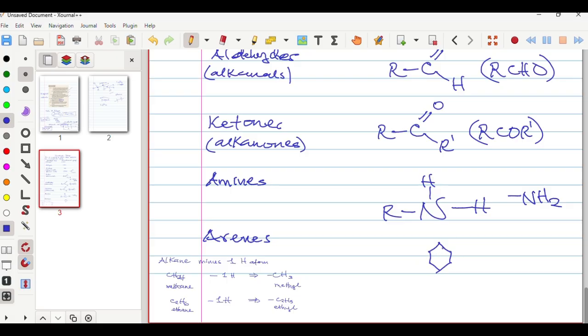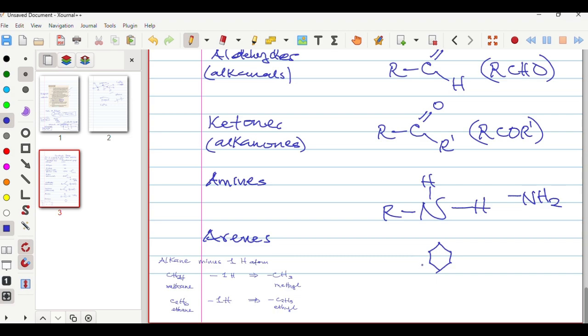Let me draw here. Do you know the name for this? No, sir. I'm not sure, benzene? Is it benzene? This is not benzene yet.